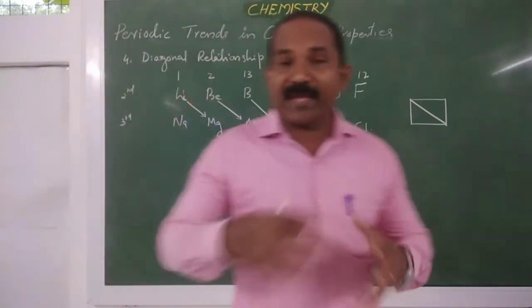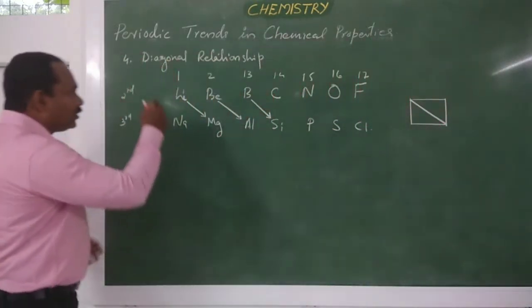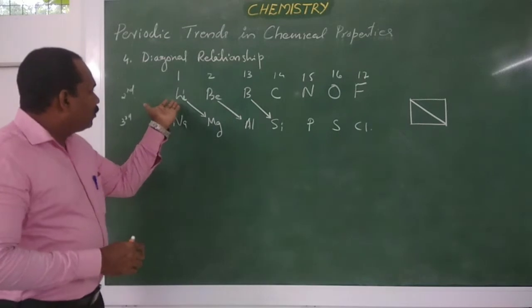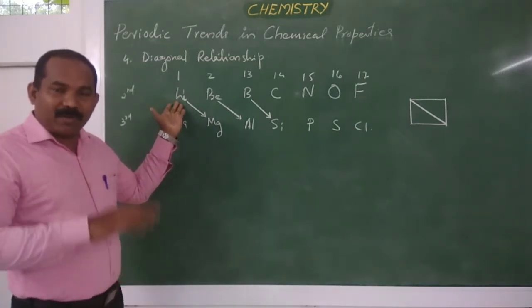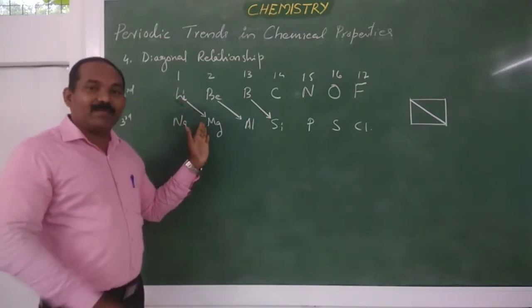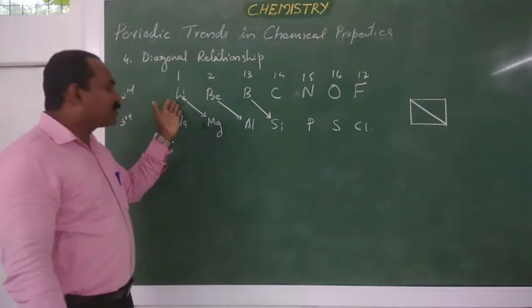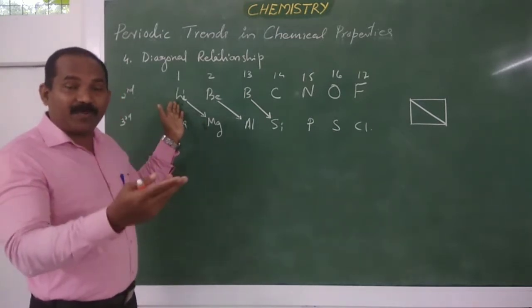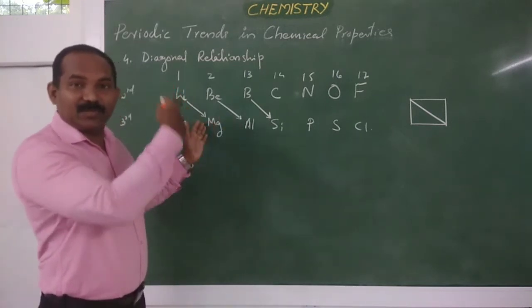So how can we explain the diagonal relationship? One element has similar properties to the second element of the next higher group.